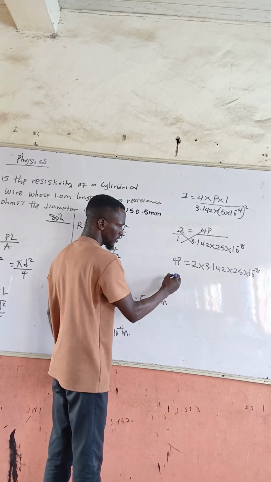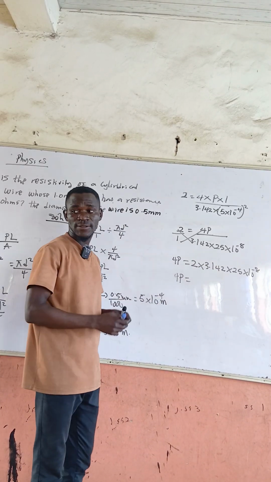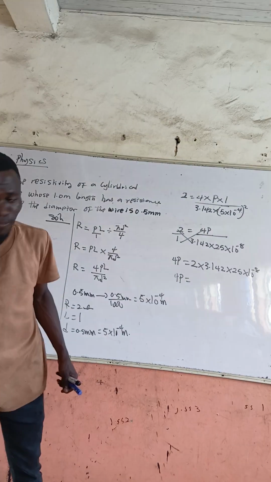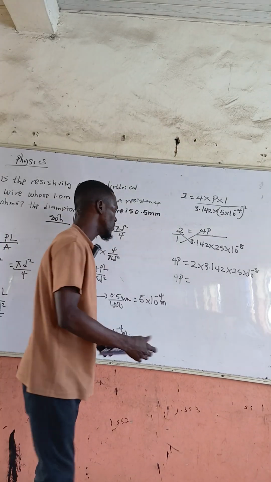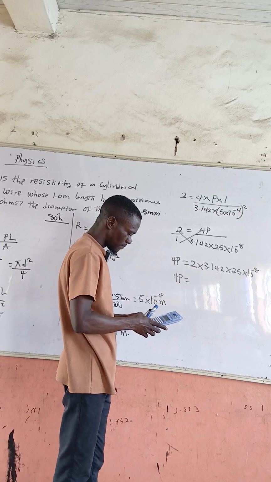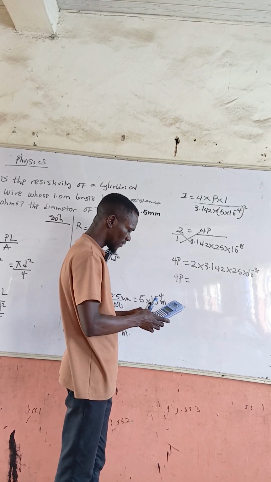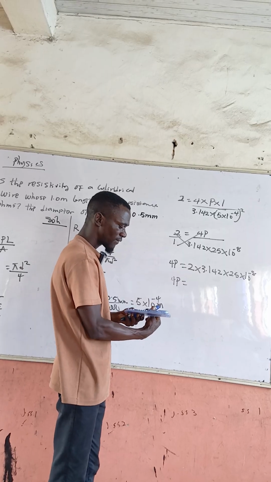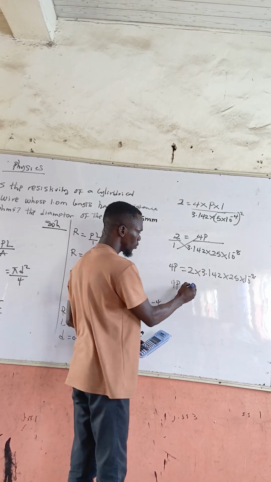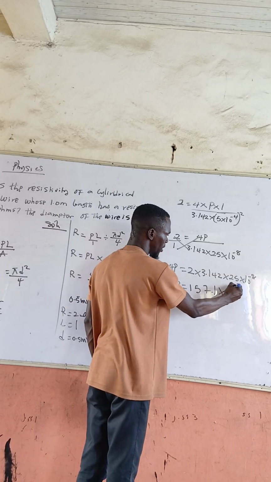Multiplying all this together, 2 times 3.142 times 25 gives 157.1 times 10 raised to the power of minus 8.